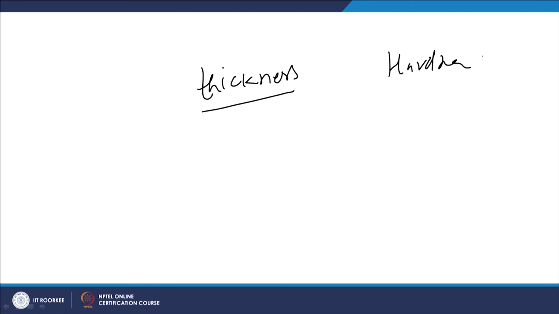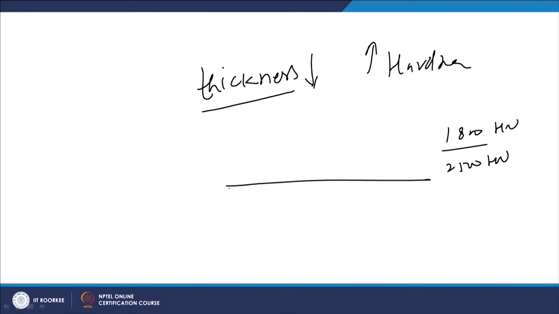In general, the higher the hardness, the lower the thickness of the layer which will be built up on the surface. So, for very hard, diamond like coatings having a hardness of like 1800 or 2500 HV, the thickness of the coating will be very less, maybe like 50 micrometer or 10 micrometer as per the hardness.